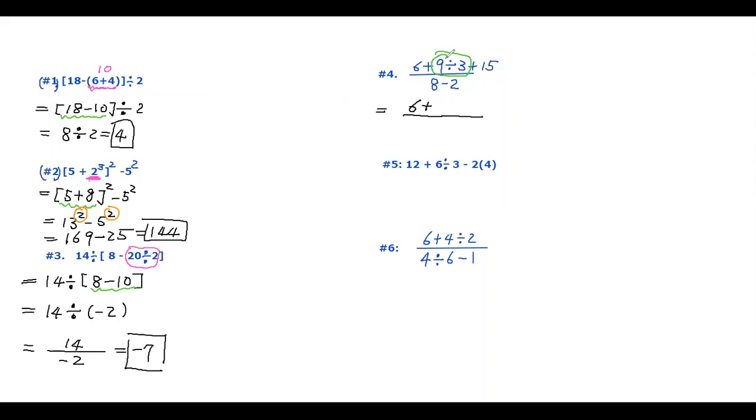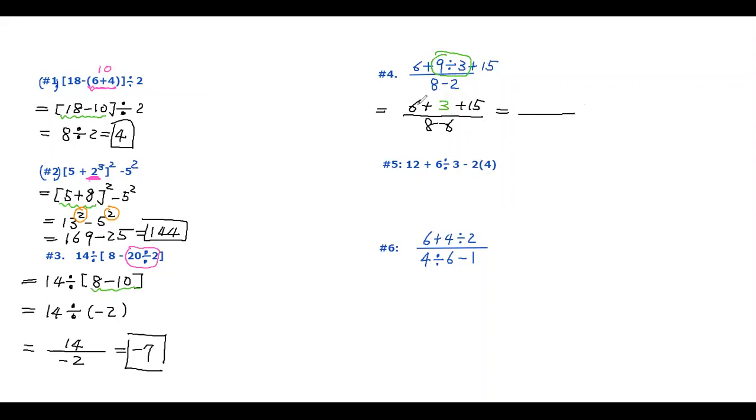So 9 plus 9 divided by 3 is what? It's 3, right? Okay, now add 15, so this is 8 minus 6. Division takes the priority over the addition and the subtraction, right? So this is why I put the divisions here.